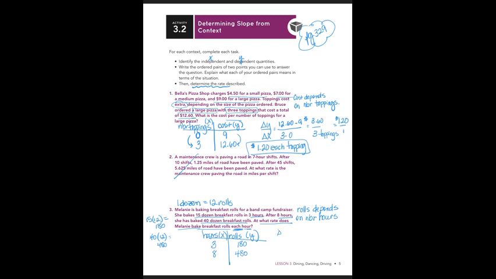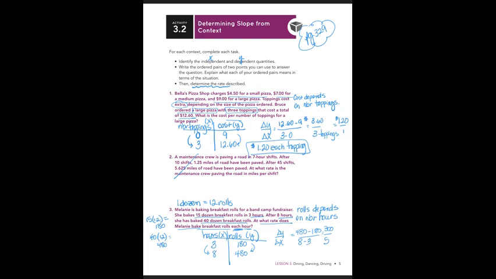So when you find your change in y over your change in x, we can see we went from 180 to 480, which is an increase of 300. And then over here, I went from 3 hours to 8 hours, which is an increase of 5 hours.